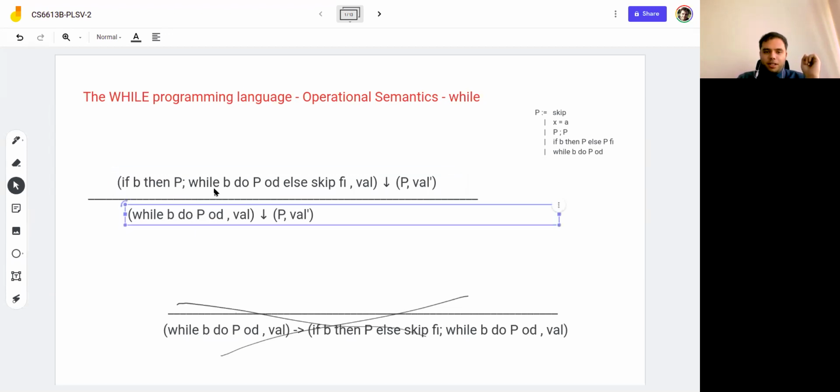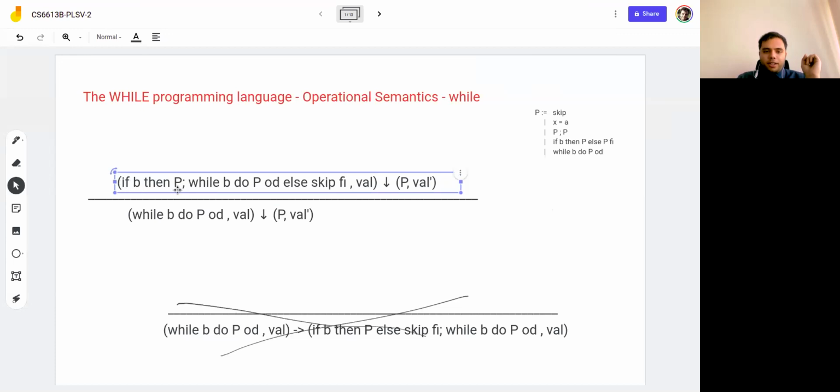So first I make it bigger, then I run the if part, then again I'm back at the same program with a different valuation. I make it bigger again, I run the if part, and this goes on for n steps. But then at some point, this if condition would be false, and then it terminates. So there is no problem with this. This is a fine rule. You can use this rule.